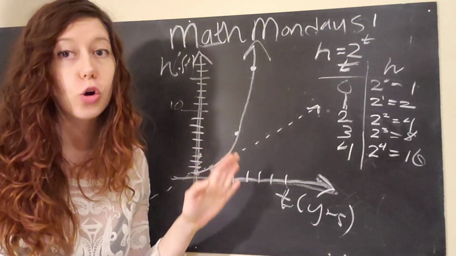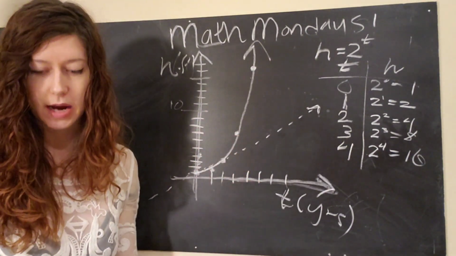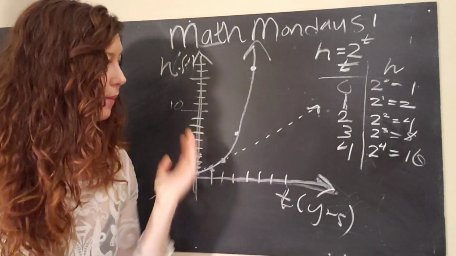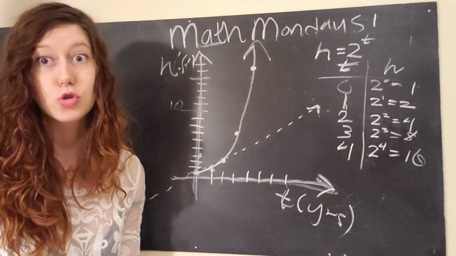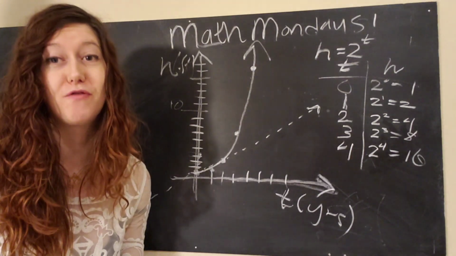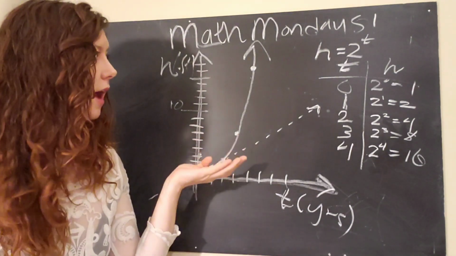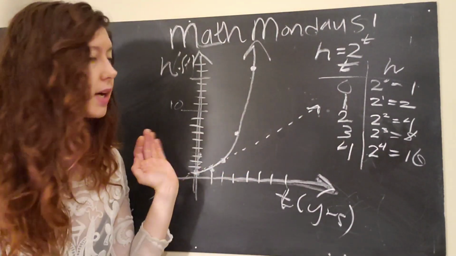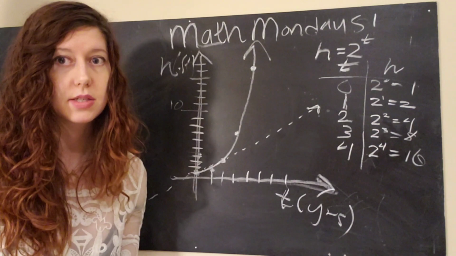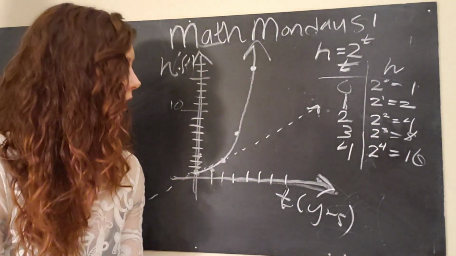So we get taller and taller and taller in much shorter amounts of time, to the point where by the time we are 5 or 6, we are as tall as trees. That is very tall. And so we can say right off the bat that this growth rate isn't realistic, obviously, because it happens much too fast.